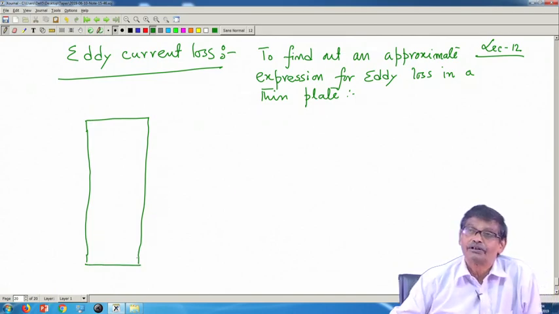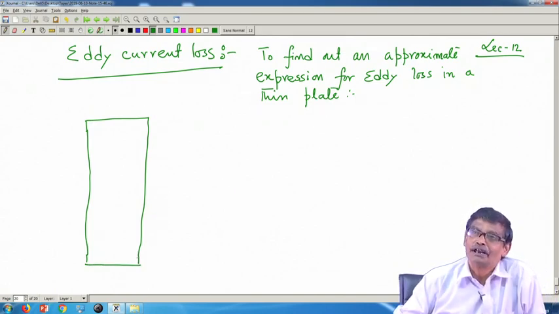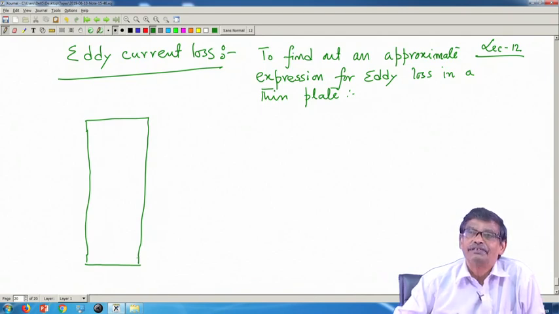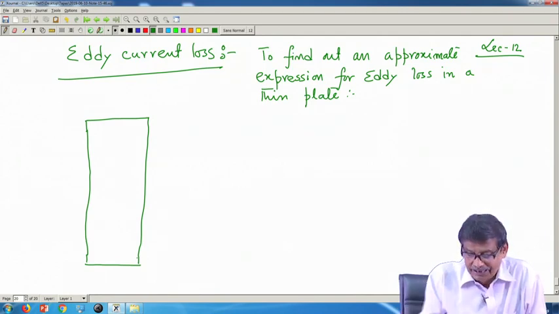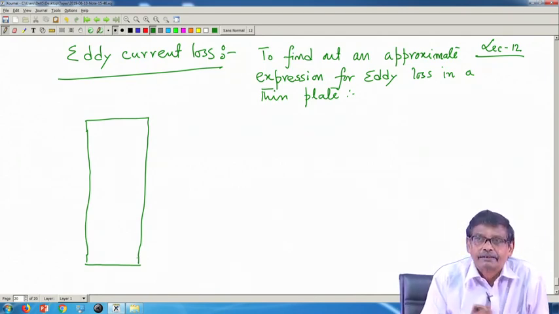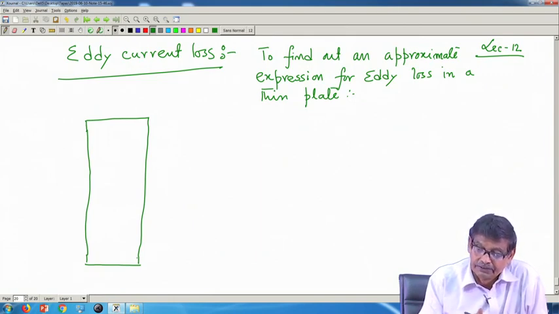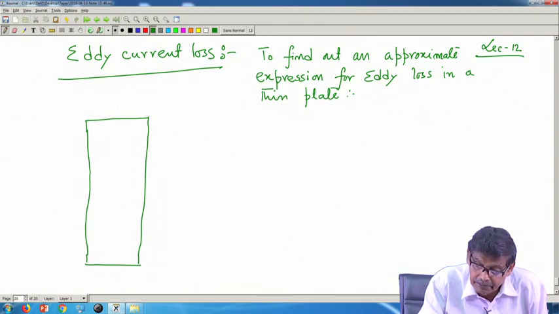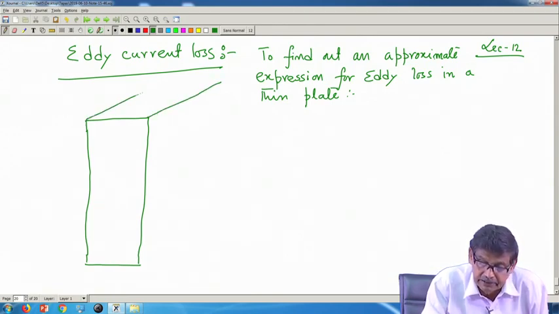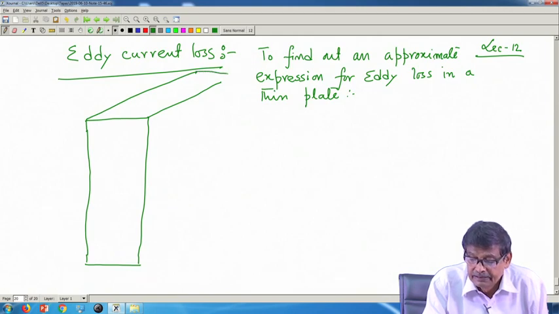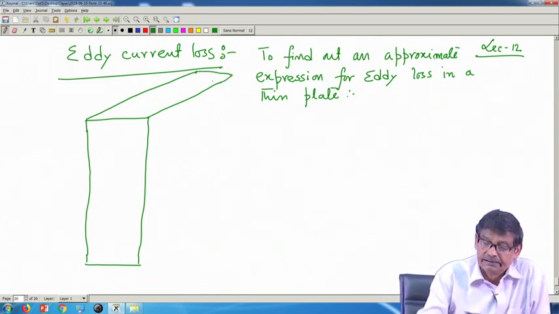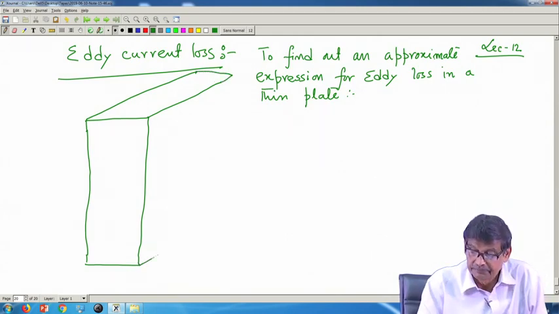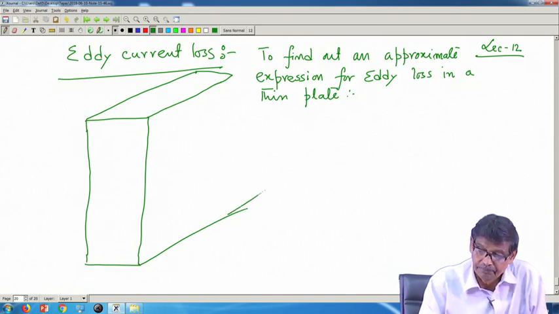Thickness is of the order of 0.25 millimeter, 0.3 millimeter, but I am drawing it in a larger scale, so that we can understand what is going on. And suppose this is a single plate and it has got a length that side also, got the point.